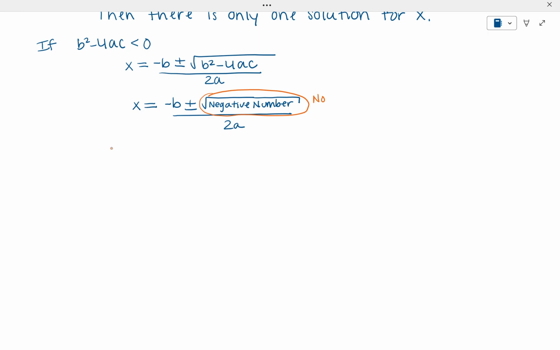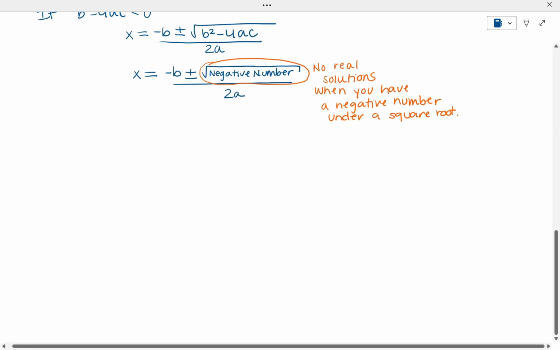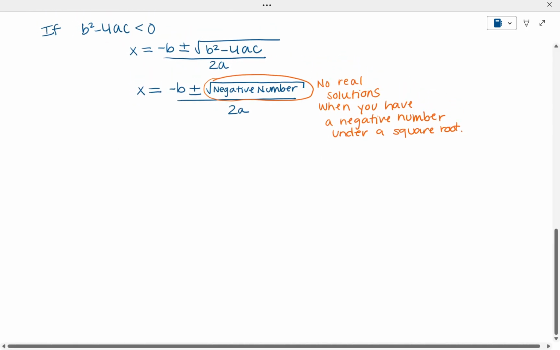So no real solutions when you have a negative number under a square root. So therefore, x will not have any real solutions.